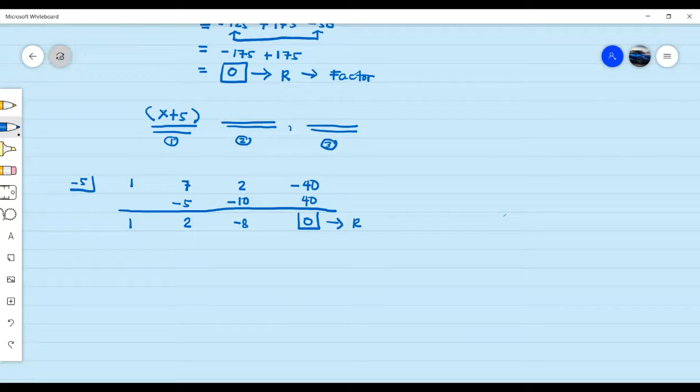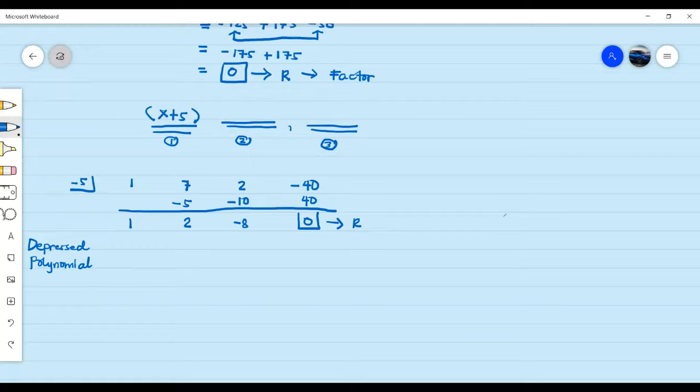So from there, we can now have our depressed polynomial. We call this one the depressed polynomial. So what is our depressed polynomial?